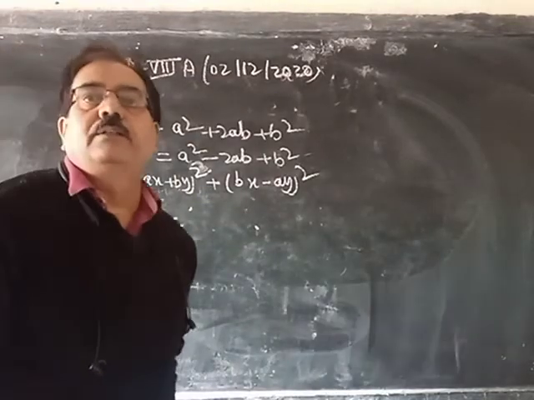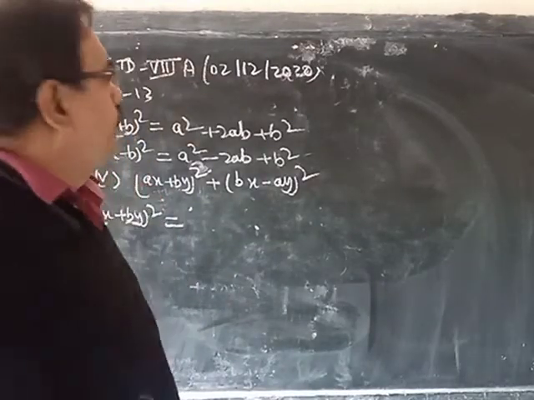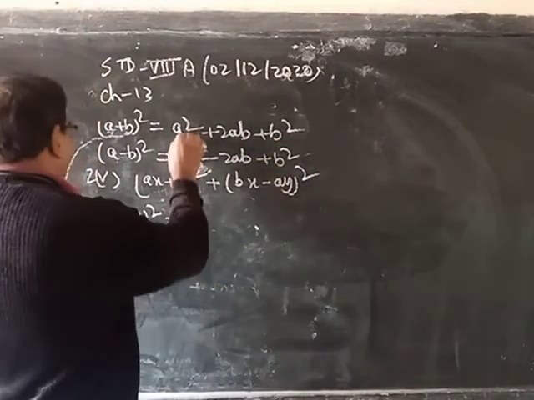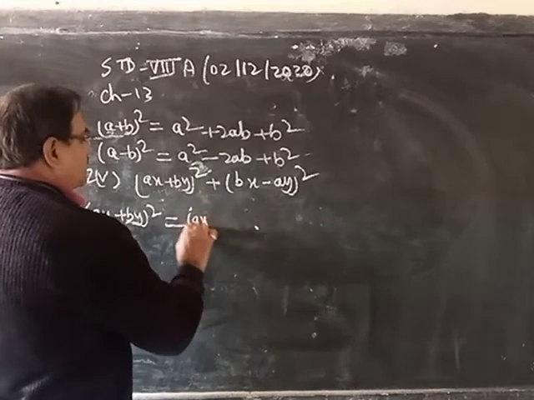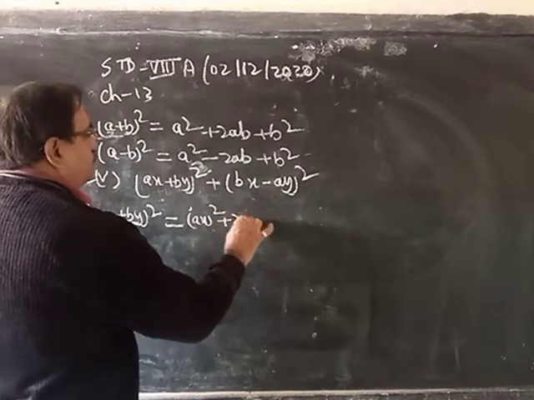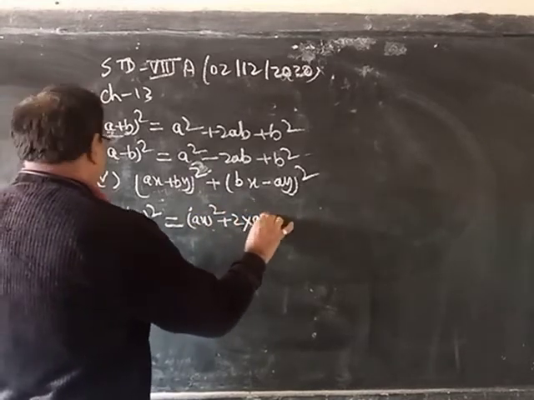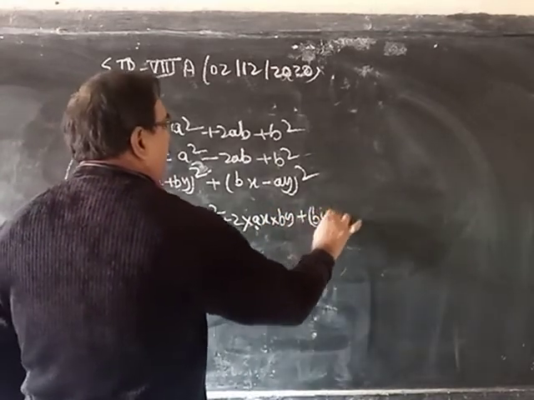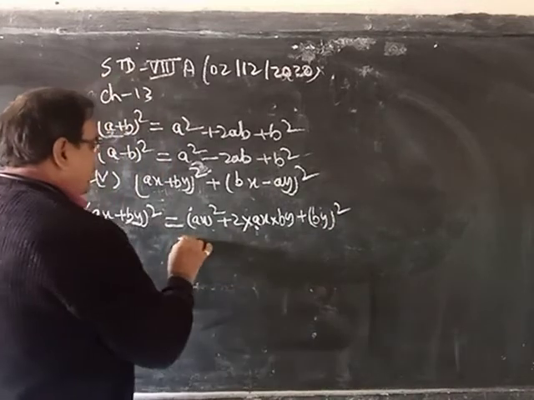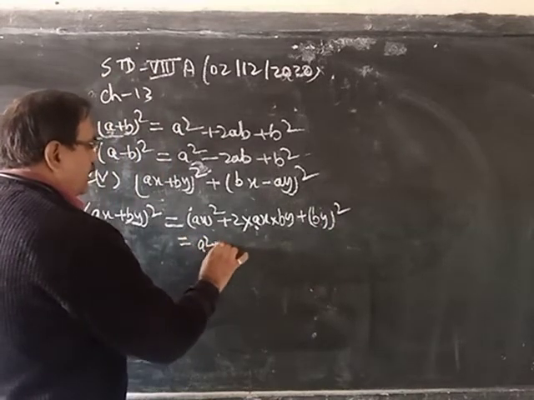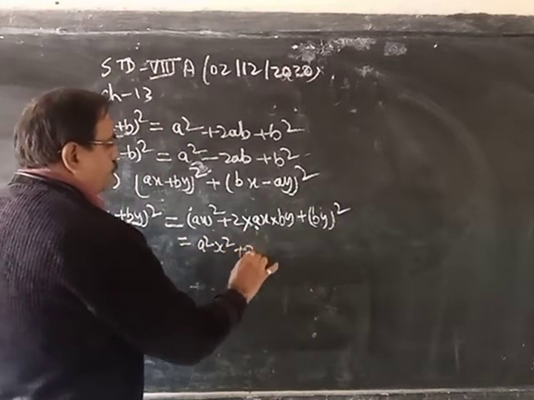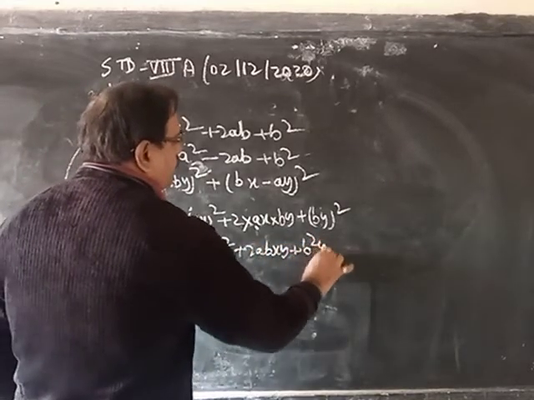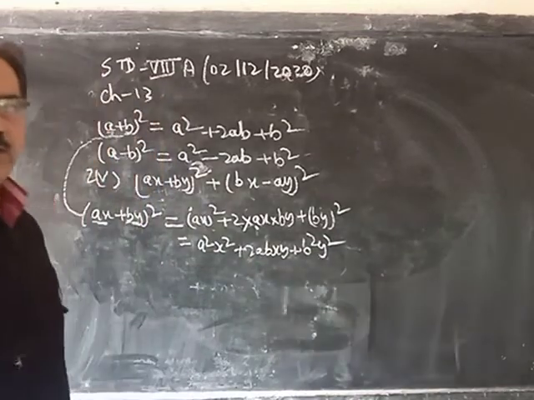So we write in the result form: a squared plus 2ab plus b squared. So a squared means ax whole squared, plus 2 into ax into by, plus by whole squared. It means a squared x squared plus 2abxy plus b squared y squared. Right.